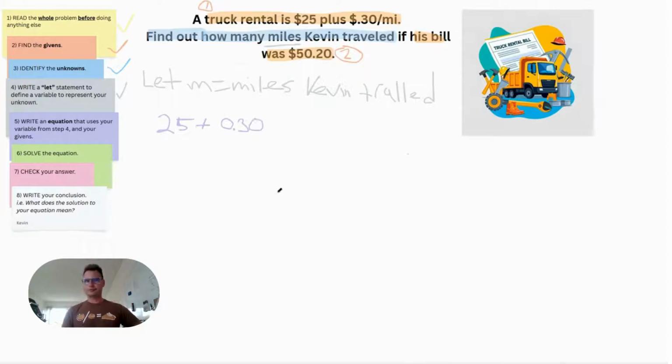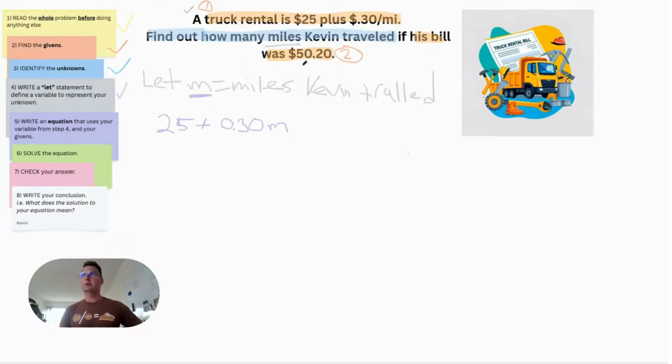Would give us what it costs to travel those miles. But what is miles? We don't know yet, but we're calling it m, right? So the total is going to be 25 plus 0.30m, right? So we used given number 1, but we still have given number 2.